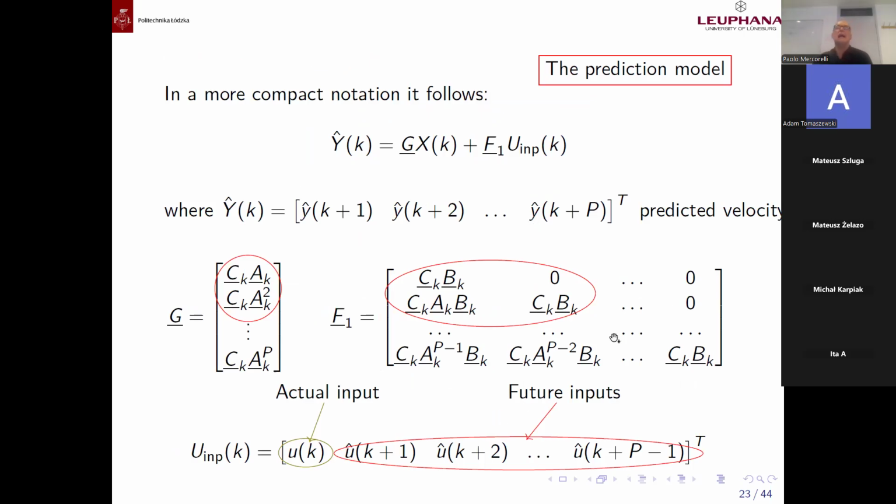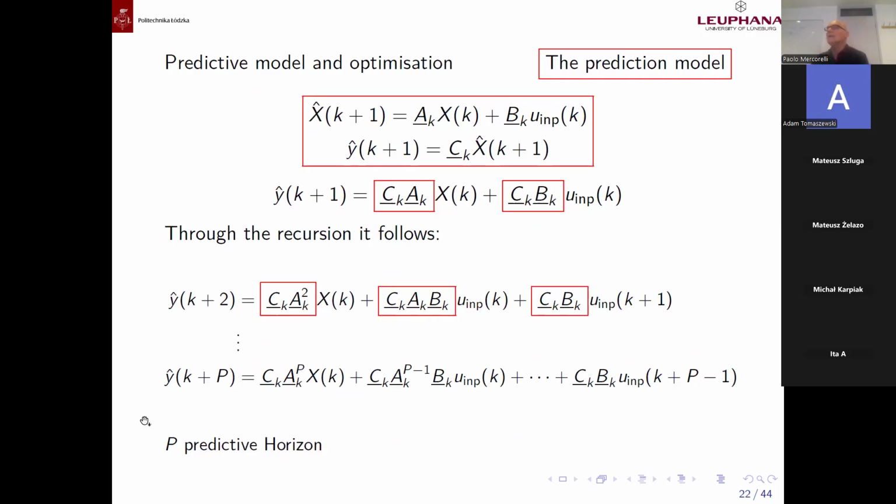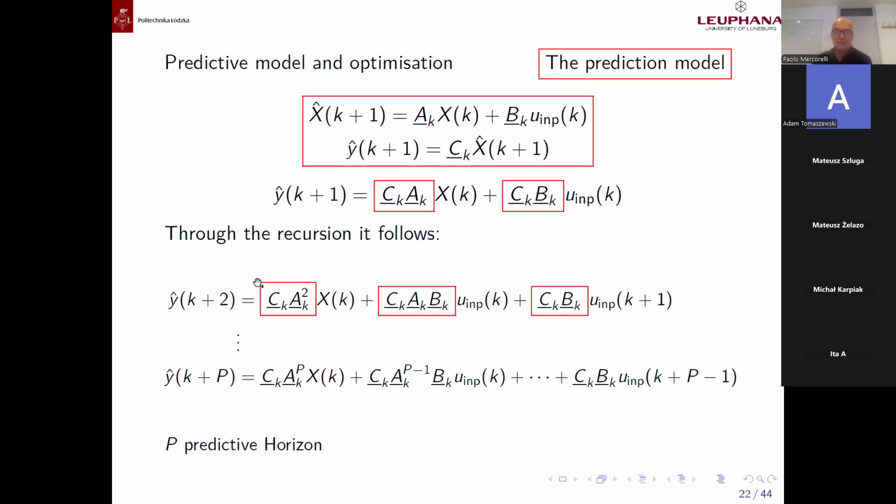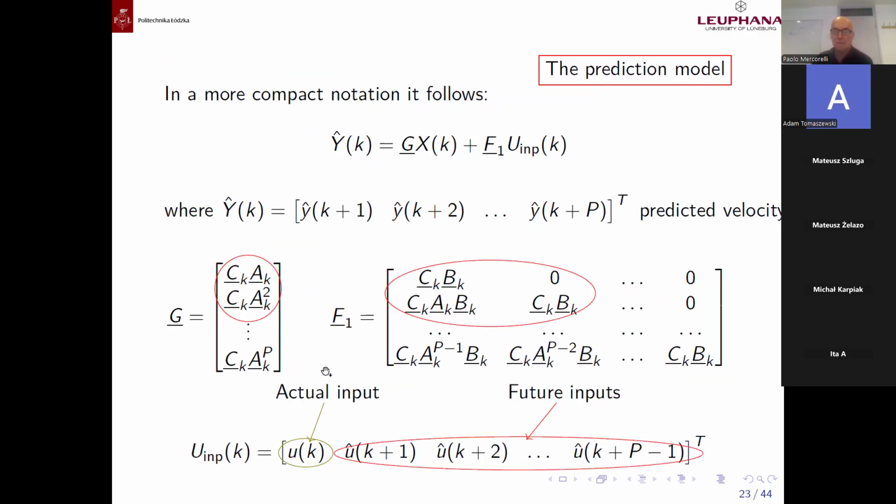Then if you do row multiply column again, you obtain the second row, and so on. G multiply X is a little bit easier because we can organize in a column Ck multiply Ak, Ck multiply A squared, and so on, everything which multiplies X.